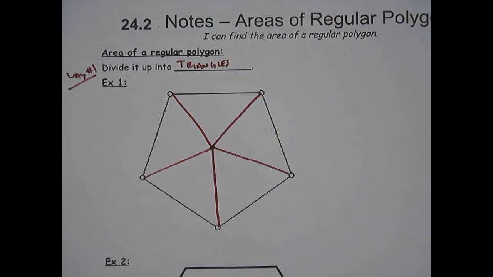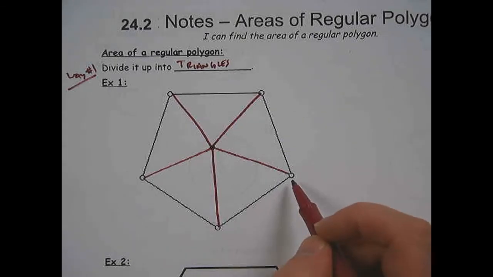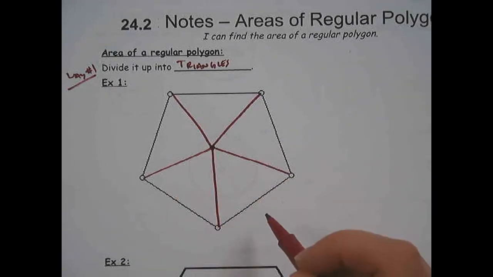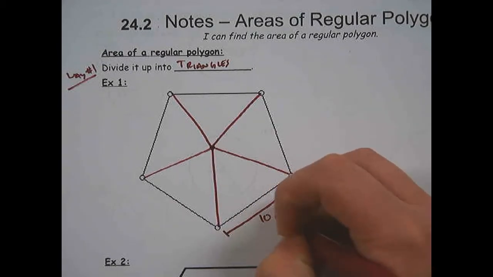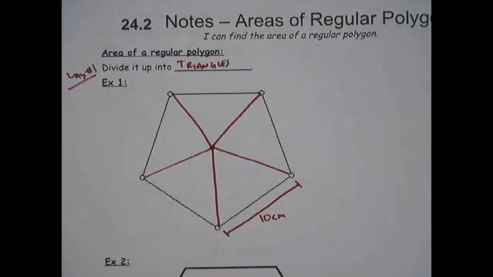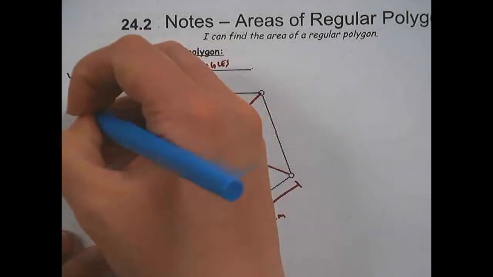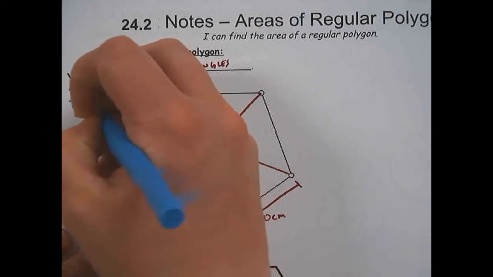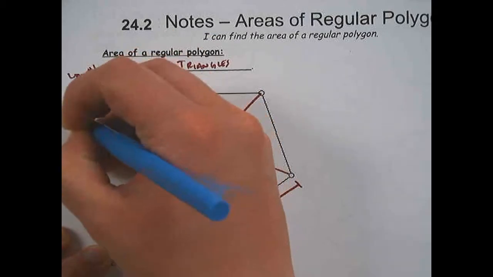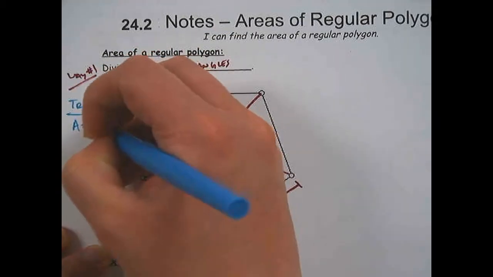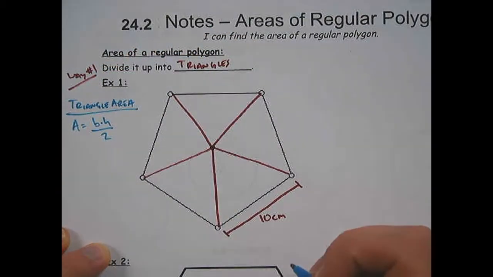Keep in mind this only works with regular shapes, because on a regular shape all the sides are the same and all the angles are the same. For this problem, we're given that this side is 10 centimeters. The area of a triangle is base times height divided by 2.